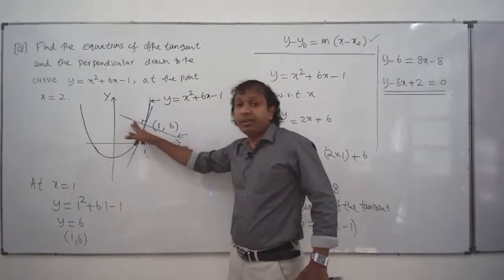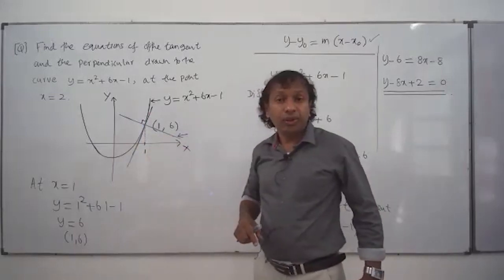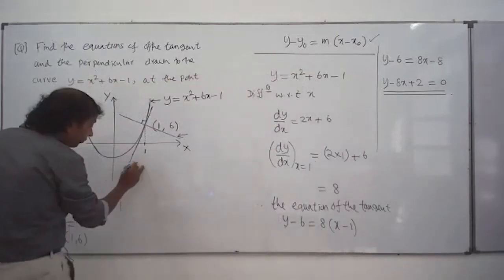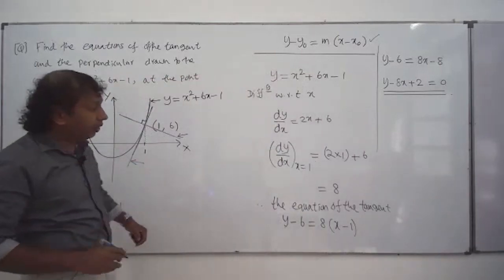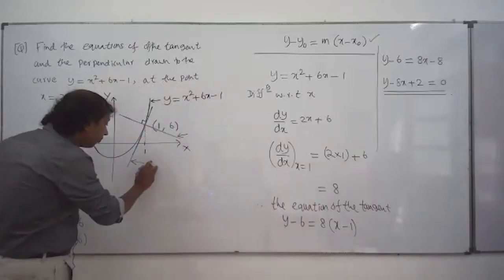Its gradient we need. Now to find the gradient, I can use the result I told you. The gradient of this tangent we found as 8. Can you remember?